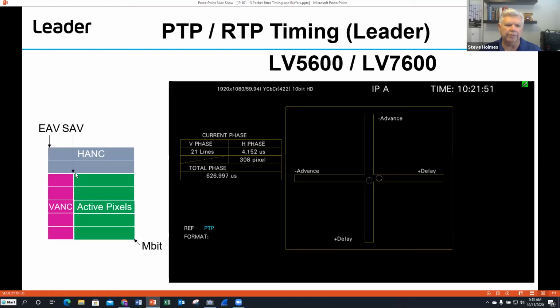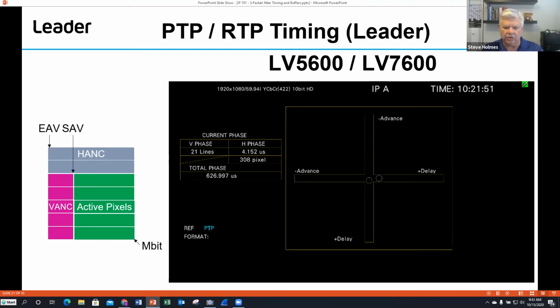That's why it went from 1.5 gigabits down to 1.3 gigabits. And we need to make sure that this point in time, the start of the frame in IP, is exactly the same point that it is in SDI, because you're still going to go into a switcher, you're still going to go into a router, and you still need to be able to switch and have things in the proper place.